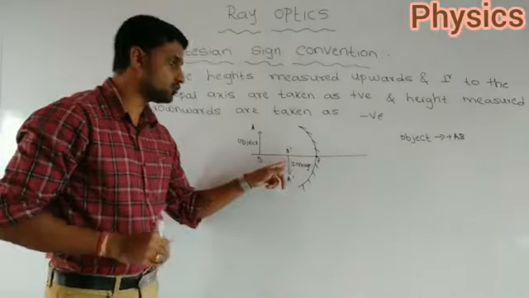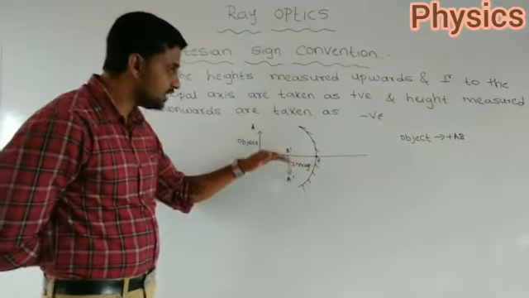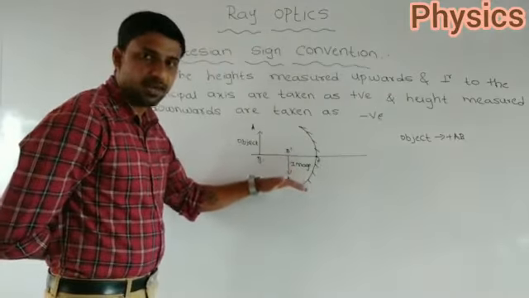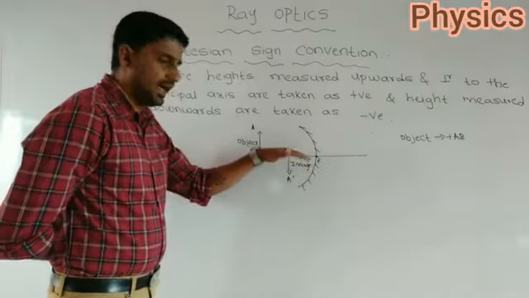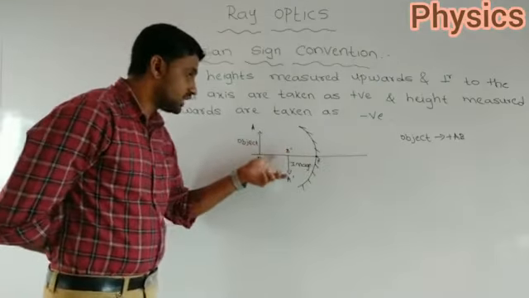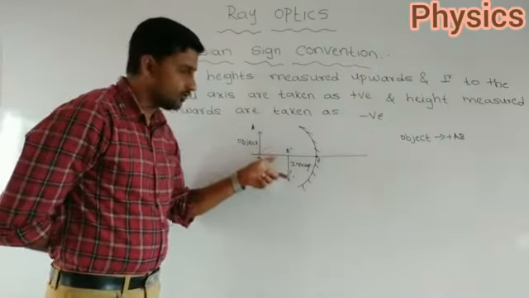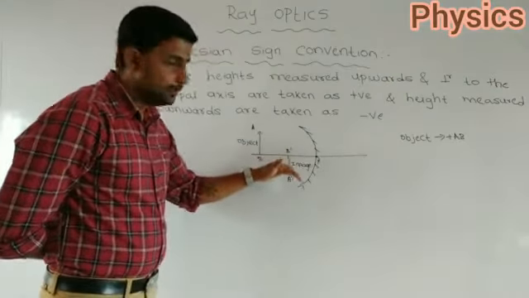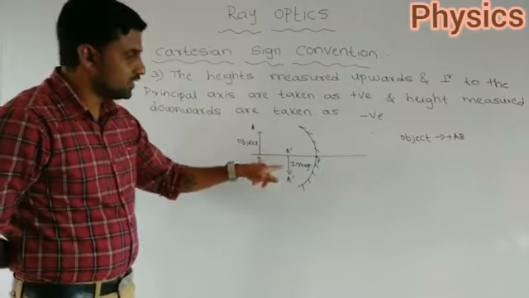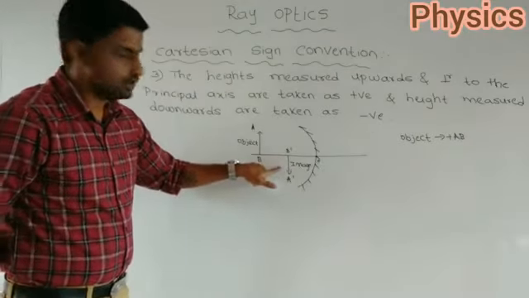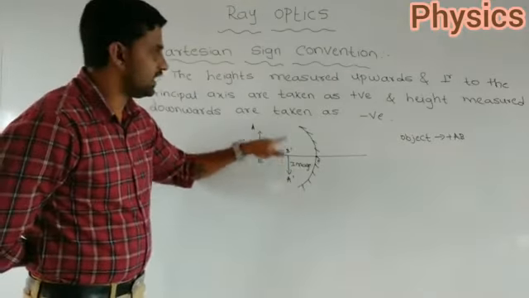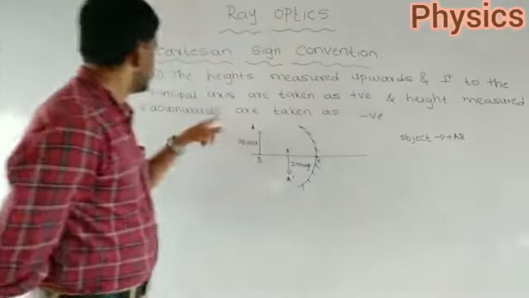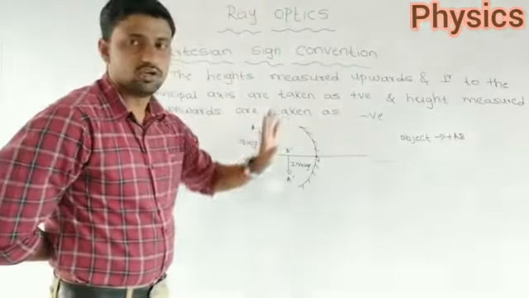And here if you observe the image, you are getting the image below the principal axis. That means the height of the image is below the principal axis, so you should take this sign as negative. Height measured downwards is taken as negative.